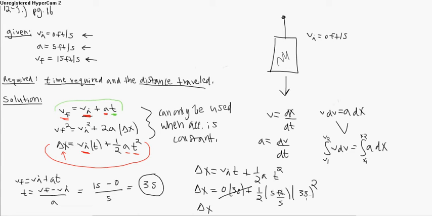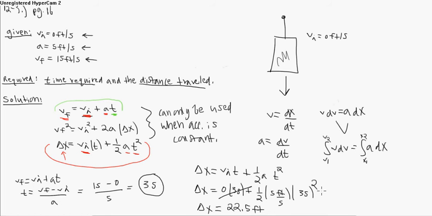And the 3 to the power of 2 would give us 9, and then when we multiply that by 5, it would give us 45, and then when we divide it by 2, we get 22.5. So the change in x equals 22.5 feet, okay?